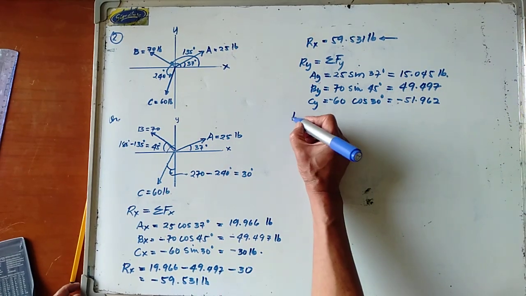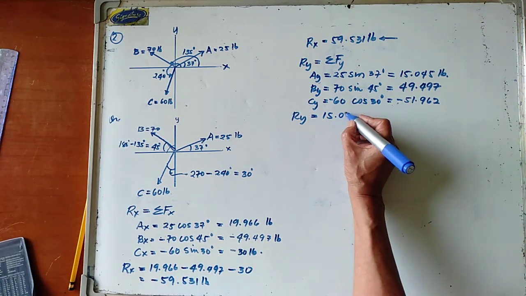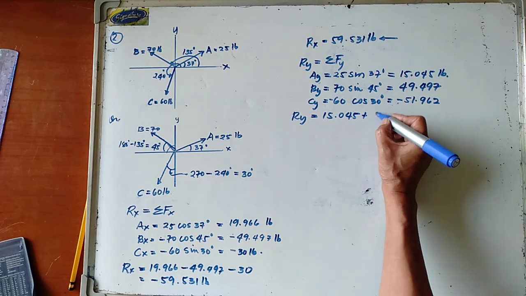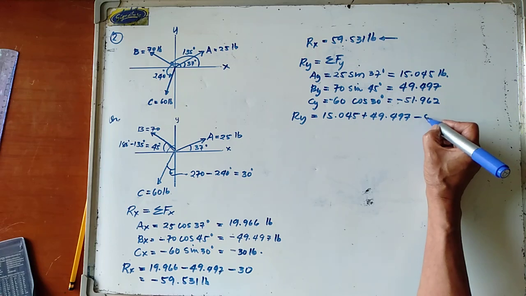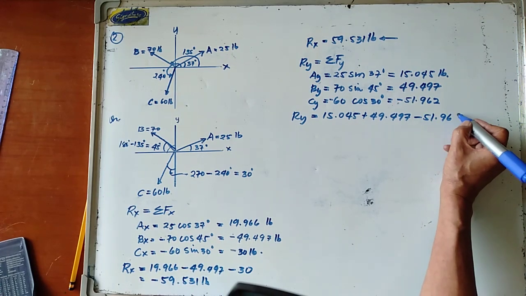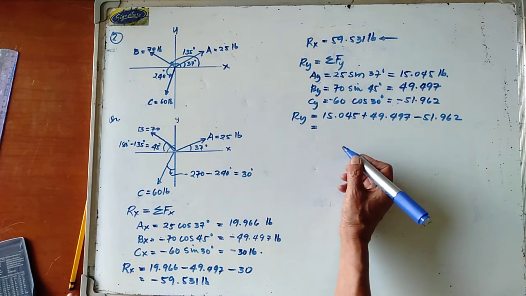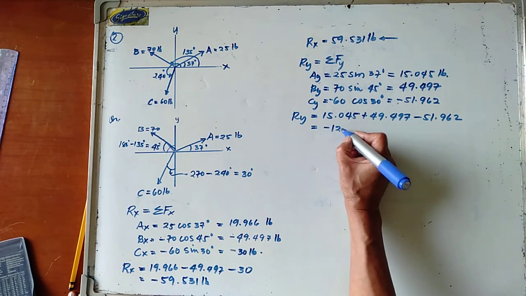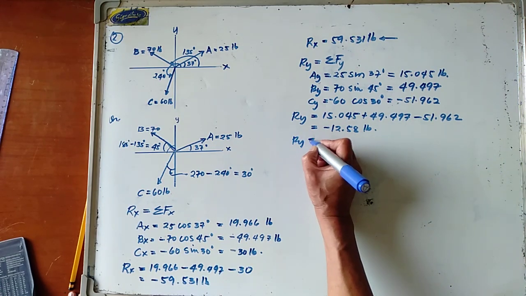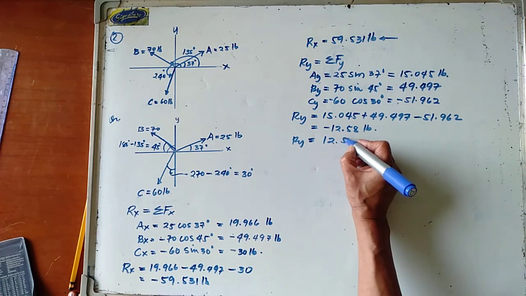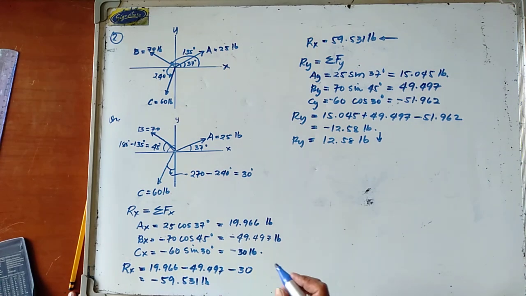So Ry is equal to 15.045 plus 49.497 minus 51.962, which is equal to negative 12.58 pounds. Or Ry is 12.58 pounds, going downward.